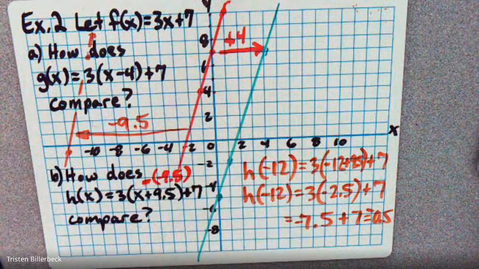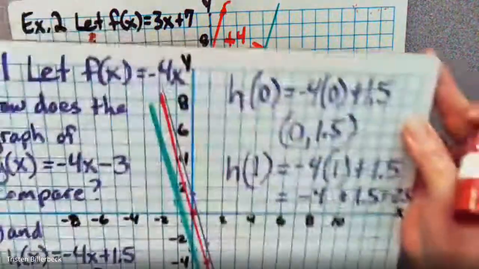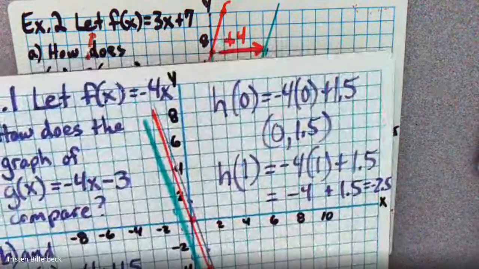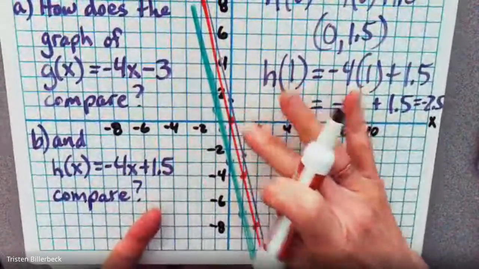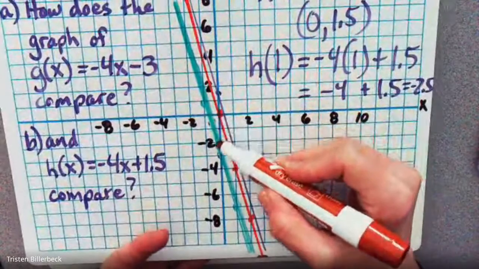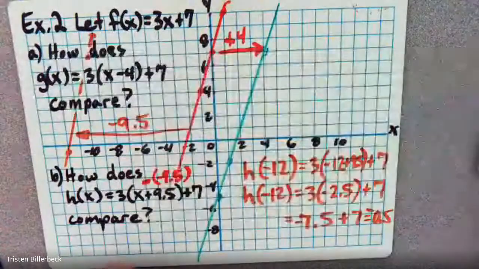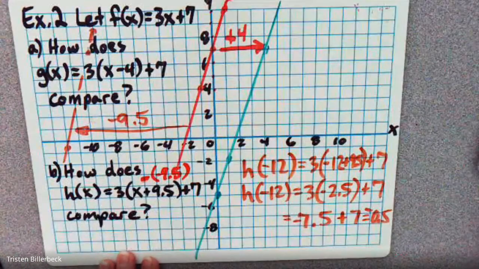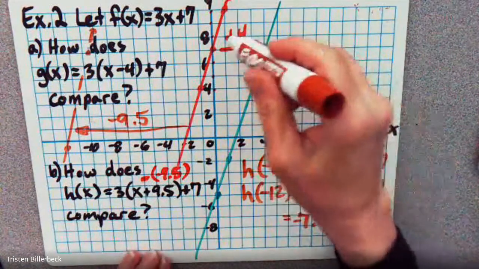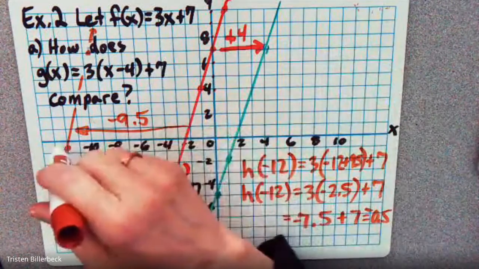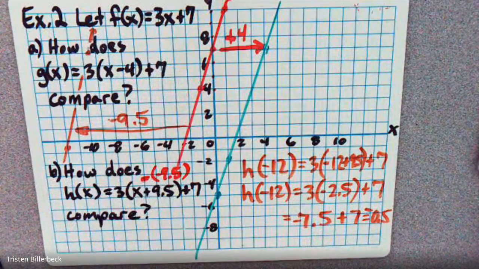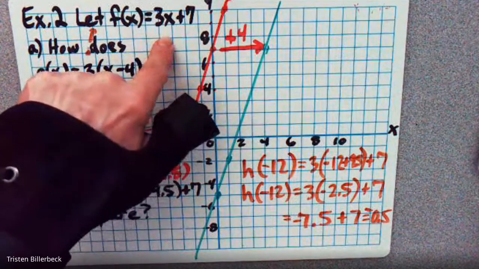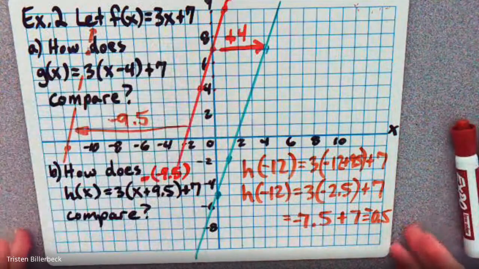Okay, so if we look at these again, it's a little harder to see, but the purple one shifted up 1.5, and the green one shifted down 3. This one's a little easier to see, where it's shifting 4 in this direction and -9.5 in that direction from the parent graph, or the original graph.